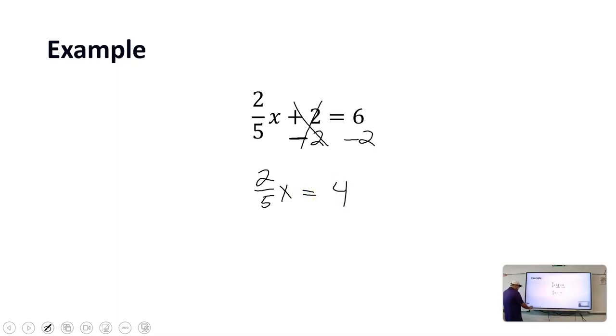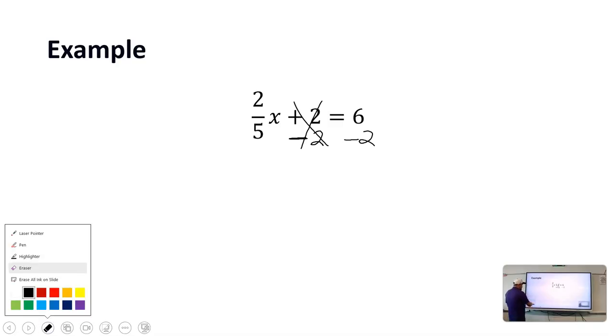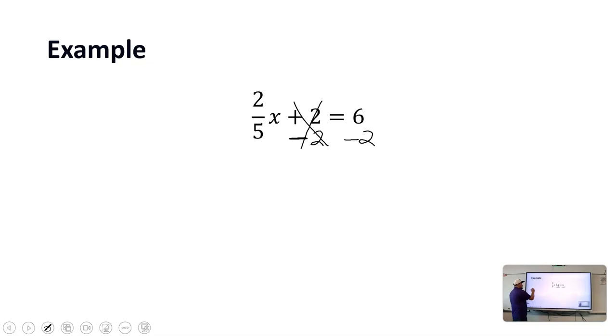Okay, I'm actually going to erase this for a second. And I'm going to solve it two different ways, depending on how you may have learned how to solve these equations. So I'm going to start over here with 2/5 x equals 6. Now, if you look at this, this is kind of like saying 2 times x, and x is being divided by 5.